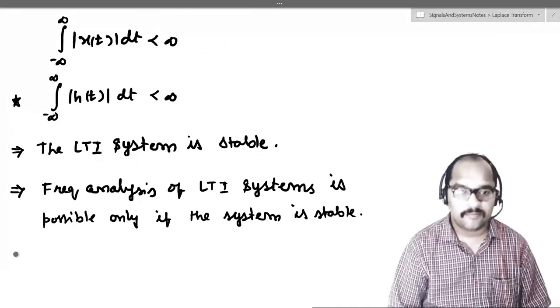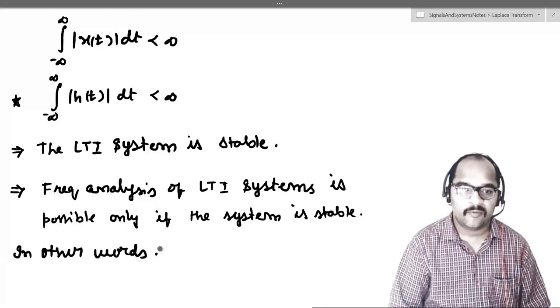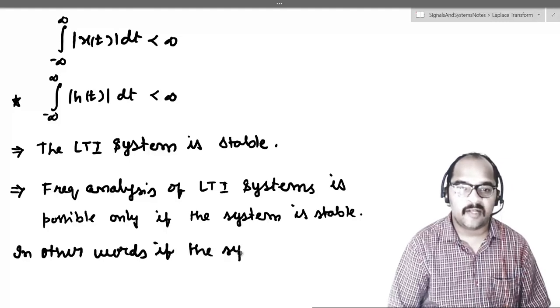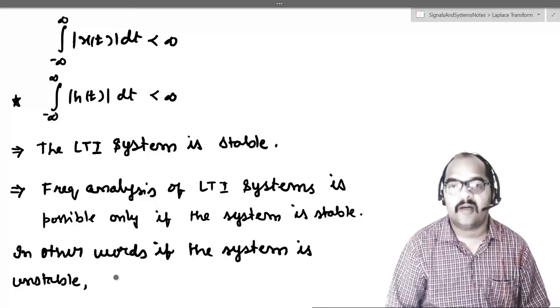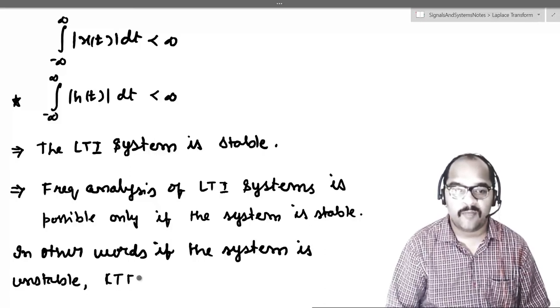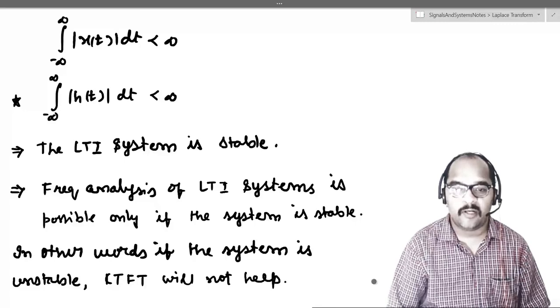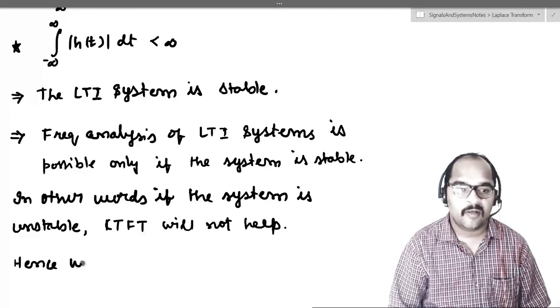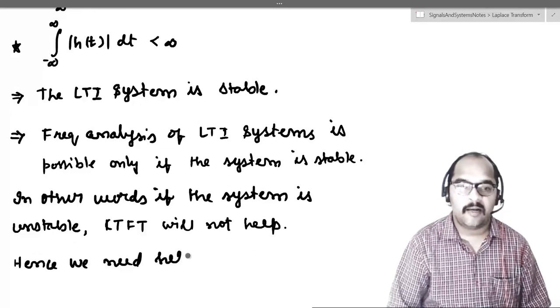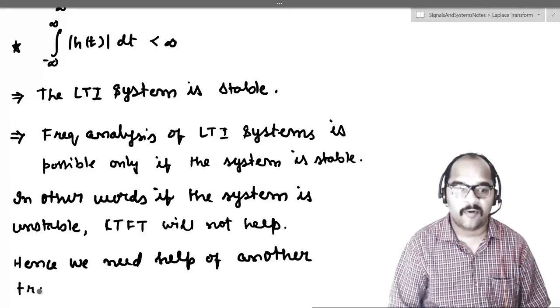In other words, if the system is unstable, Fourier transform will not help, hence we need the help of another transform.